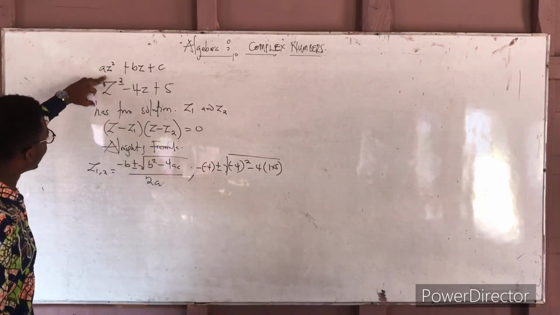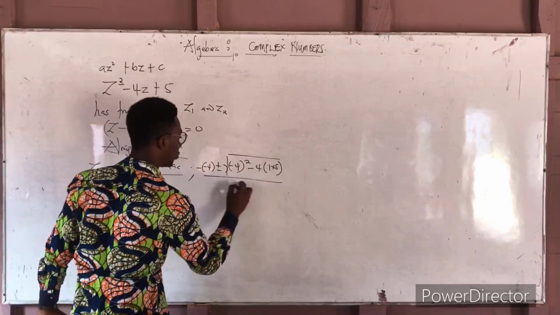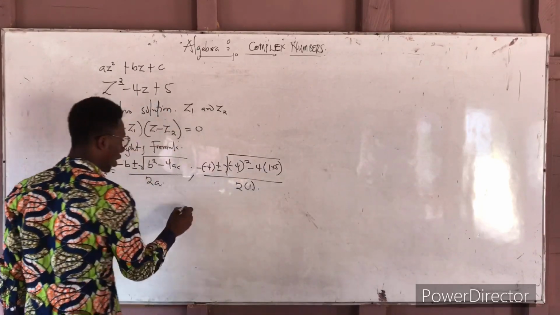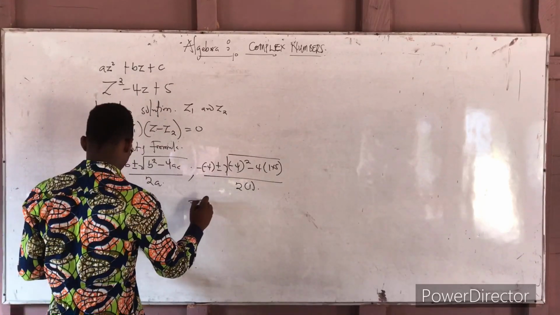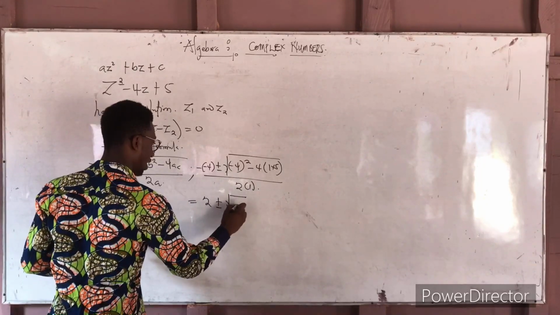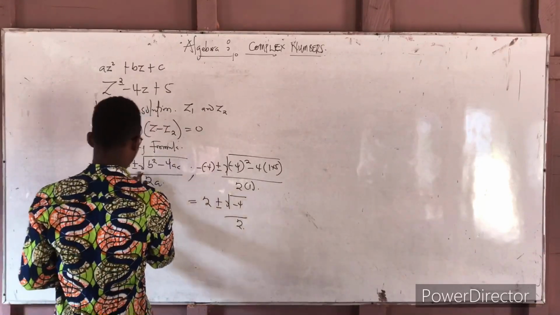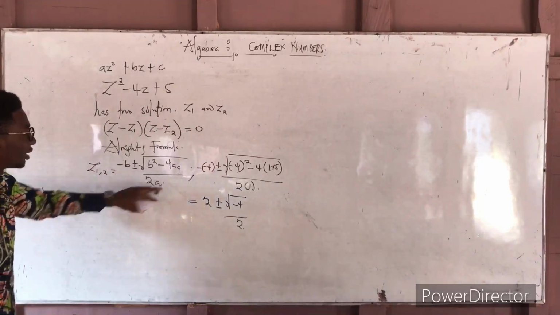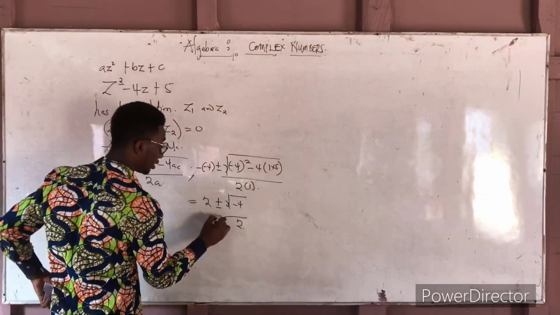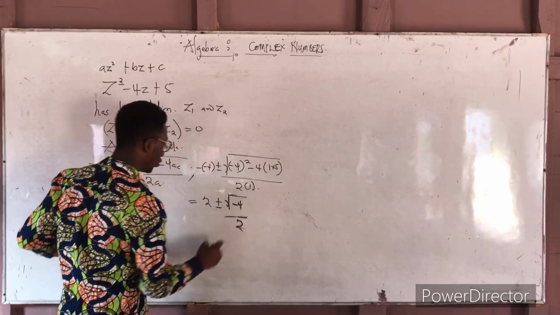So our a is 1, our b is negative 4, our c is 5, all divided by 2 times 1. So now when you do this, you are getting 2 plus or minus root of negative 4 on 2.